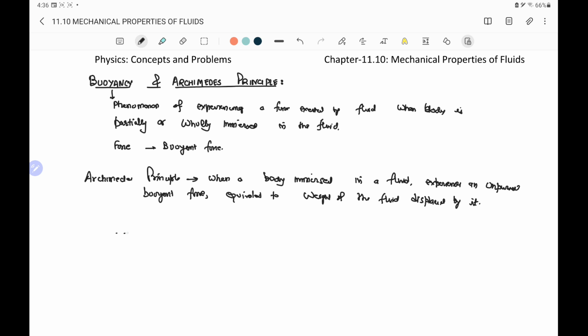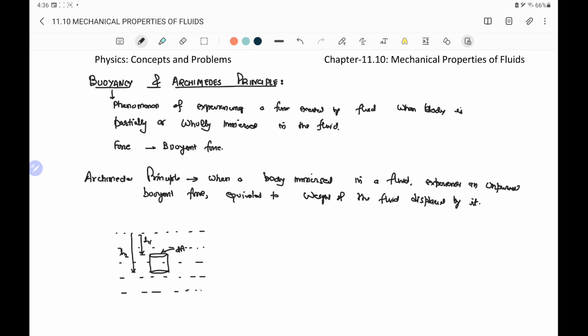Suppose in a liquid there is an elementary cylinder which has the area of cross section dA, and the upper surface is at depth h1 and the lower surface is at depth h2.